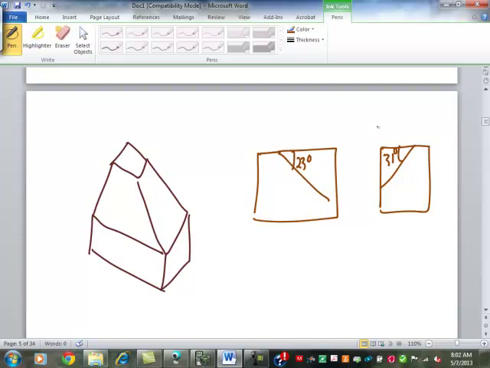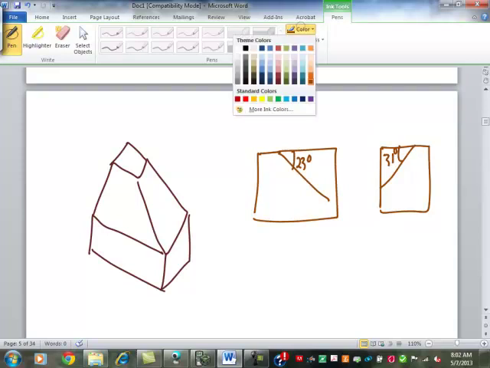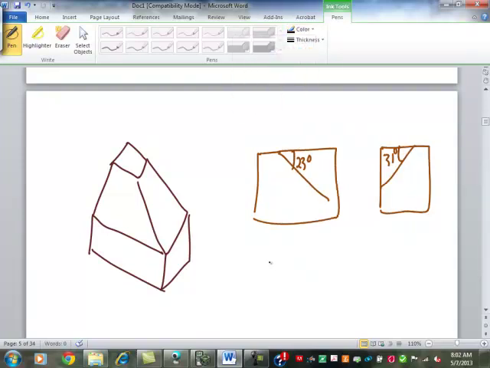I need to know R and T. R, if I'm looking at my box. Wow, that's sloppy. R is still this. T is down here this time.